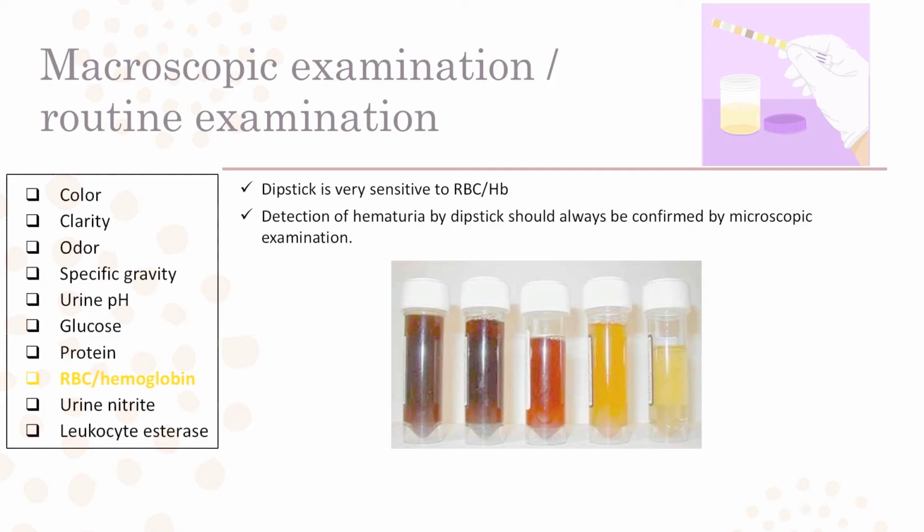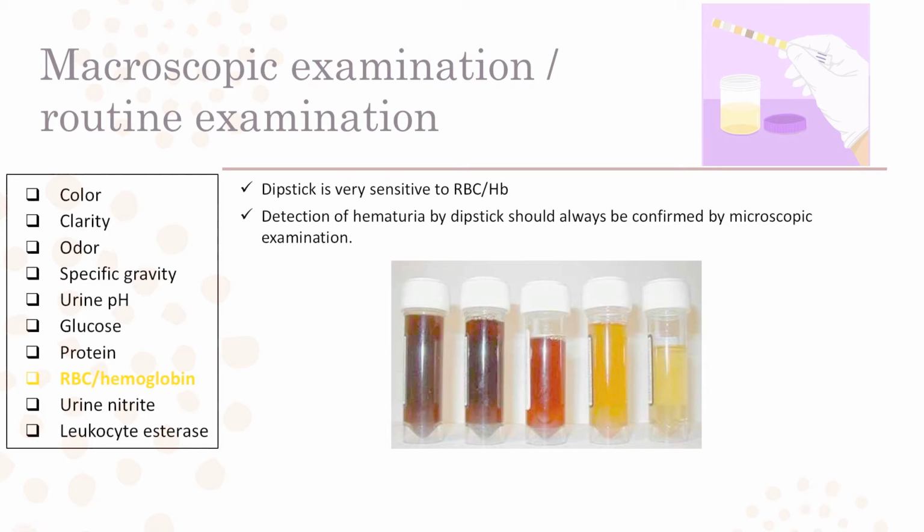Then RBC or hemoglobin, one and the same thing, because the chemical in the dipstick basically detects the hemoglobin only. So the dipstick is very sensitive to RBC or hemoglobin. Even 4 RBCs per high power field, we will learn about what is high power field, it can detect that also. So detection of hematuria by dipstick should always be confirmed by microscopic examination. Sometimes the RBCs, the hemoglobin, are in quantity sufficient to cause reddish urine.